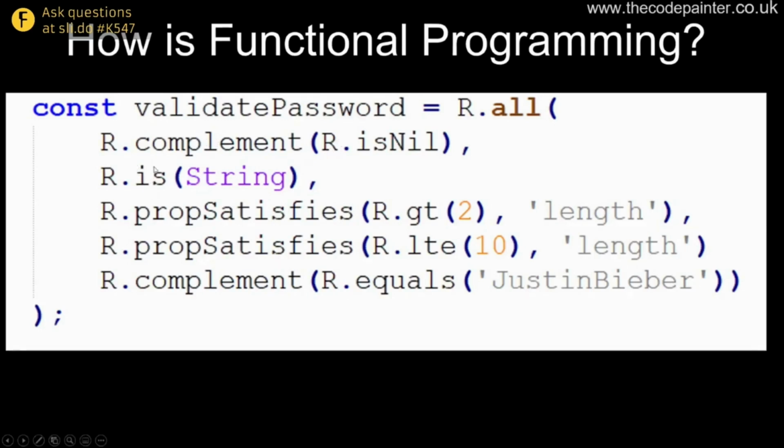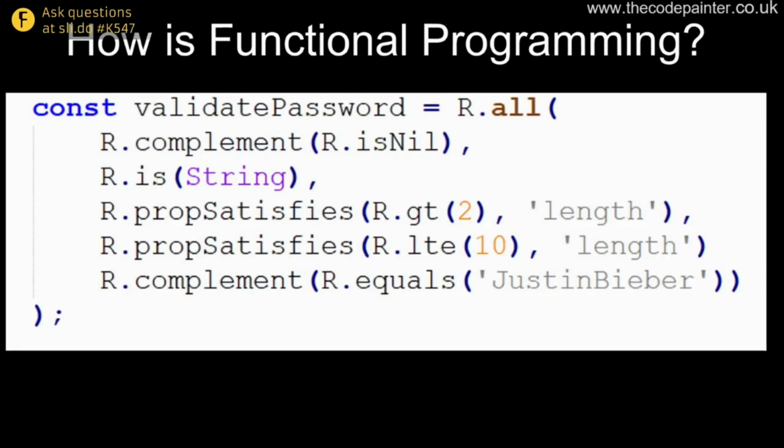R.is is so flipping useful that I would use it all over the place. You pass in the type, as it were, that you wish to check it to be, and it'll tell you whether that's true or not. So I'm saying r.is string. So we've passed in our password, we're checking that it's not undefined. Now we're checking that it's a string.